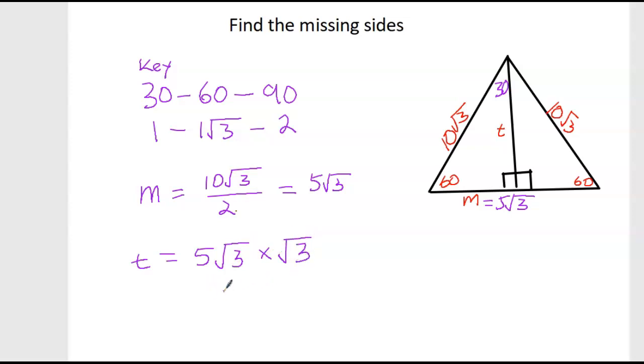That gives us 5, so 3 times 3 gives us 9. But the square root of 9 is a perfect square, and since we are finding the side, we are looking at the positive side of it. It gives us 3. So here it becomes 5 times 3, and that's 15. So the t is 15.